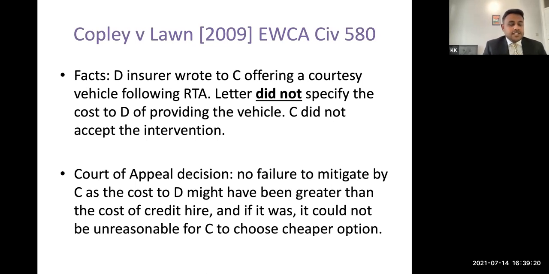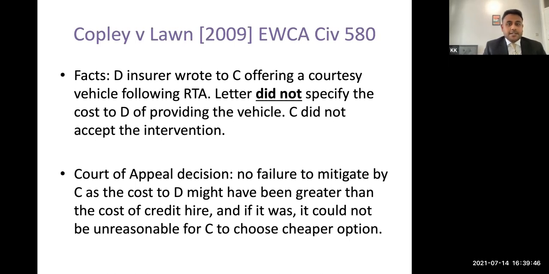The 2 cases in question, the first one involved Mrs. Copley and the second one involved a Mr. Captain Maiden. Looking at the case of Mrs. Copley first, at first instance, Deputy District Judge Reed found that the claimant should have taken up the defendant's offer of a free replacement car.